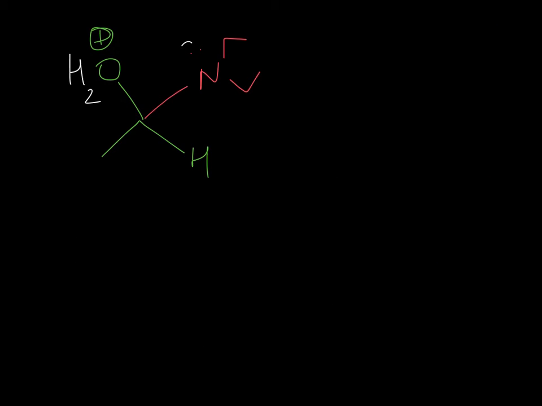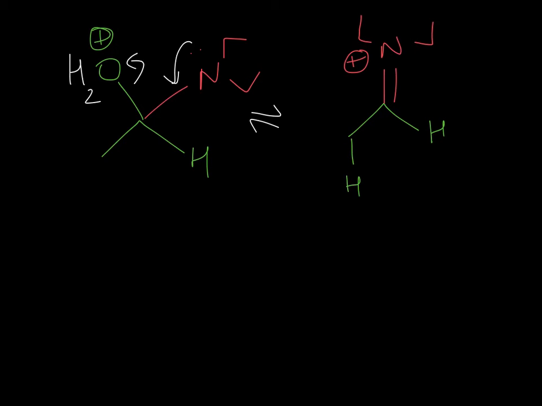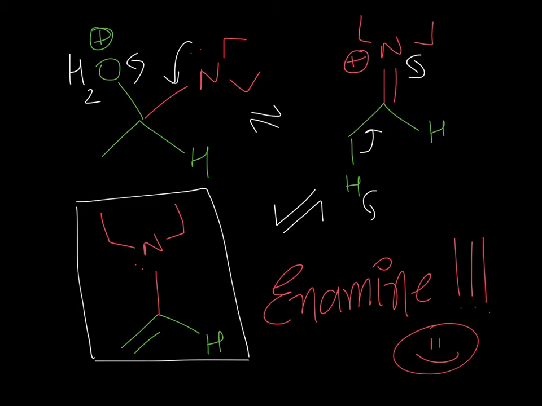And so we make it leave and form a similar looking structure to the imine, but there's a problem. We've got a positive charge here and no protons to get rid of. At least none on the nitrogen. But there's actually a proton here, an alpha hydrogen, that you can get rid of, like this, to form this neutral compound, which is your final enamine.